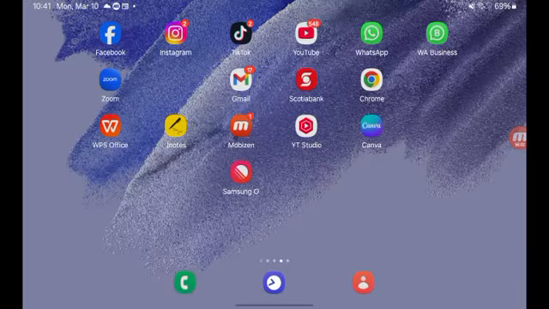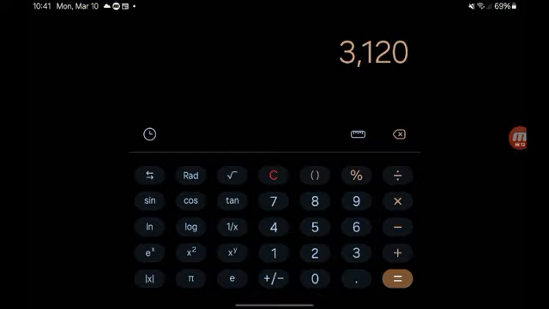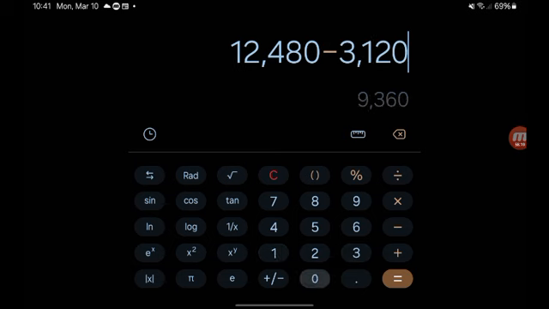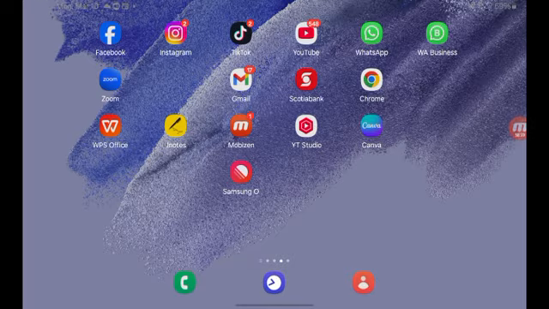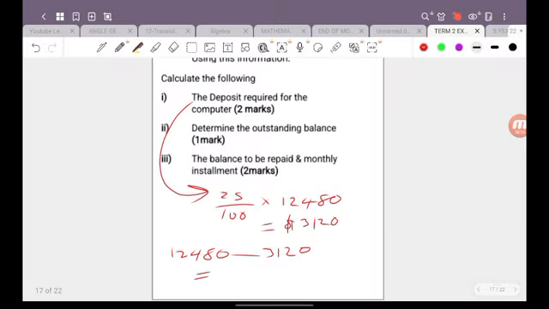So $12,480 minus $3,120. So the balance to be repaid is $9,360. That would be the balance to be repaid.